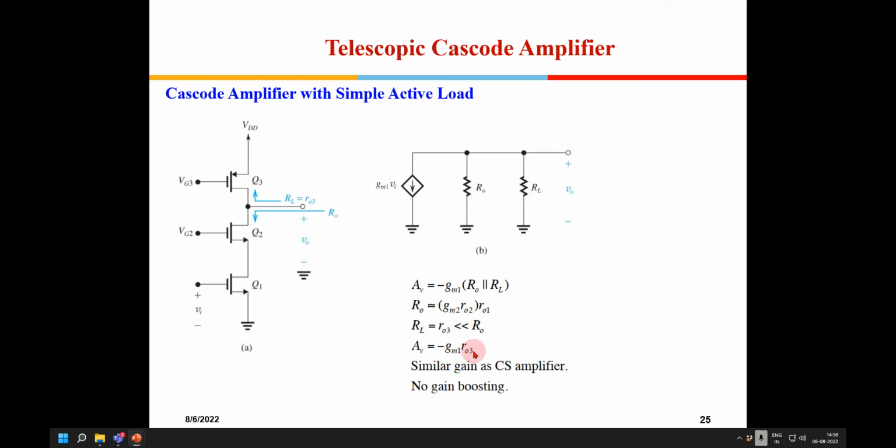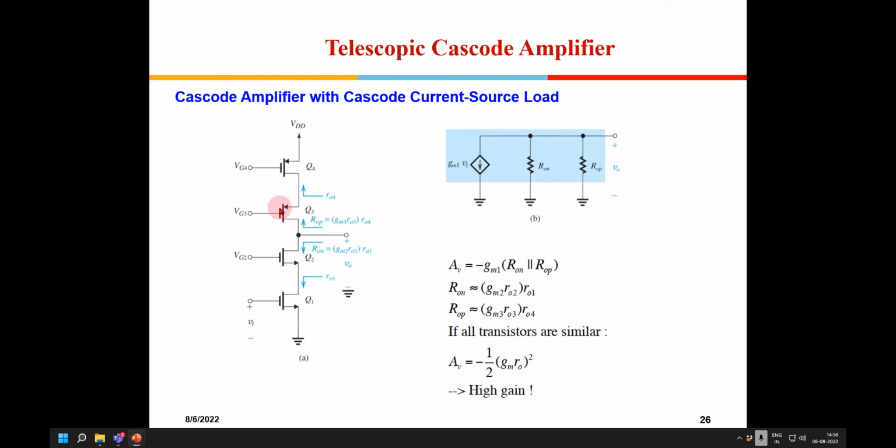Now R03 is much higher than RD. So it is a CS amplifier only, but the gain is higher. Now instead of this structure, I put two transistors like this. If I look into here, or if I look into here, the resistances will be GM2, R01, R02. For the PMOS also it will be GM R0, R01, R02.